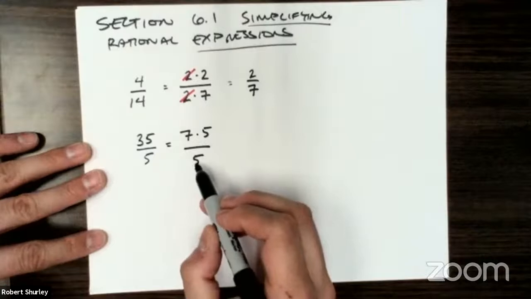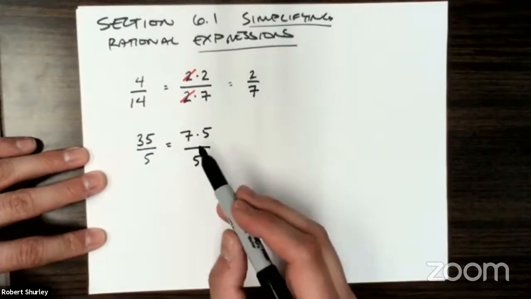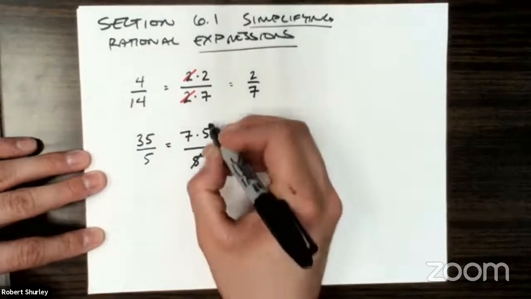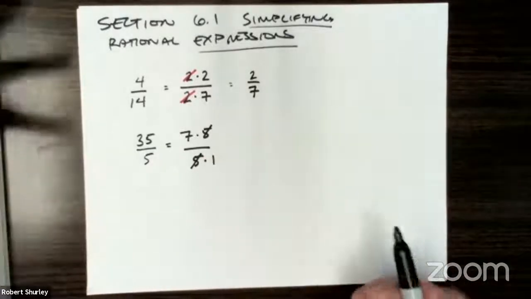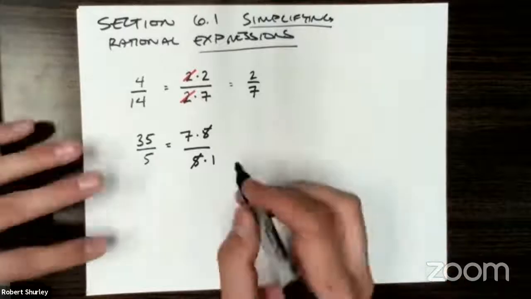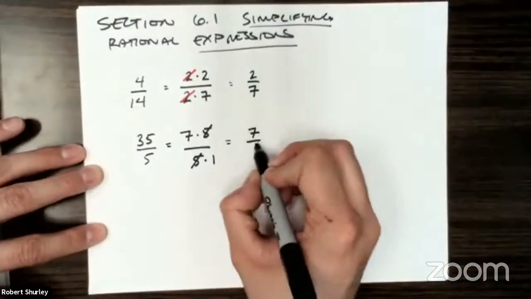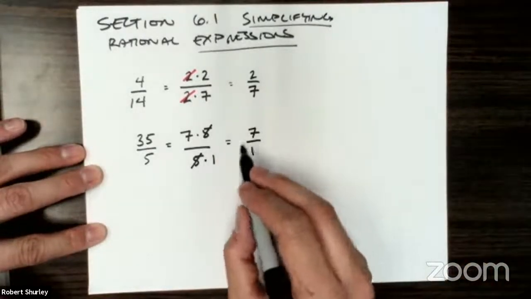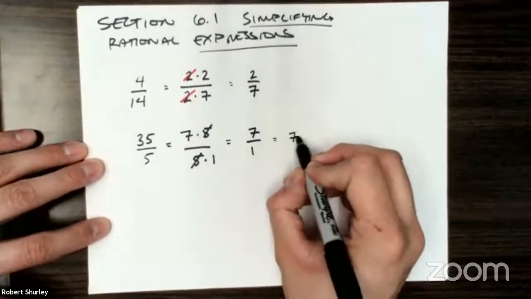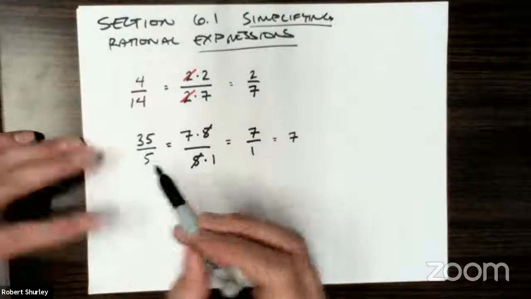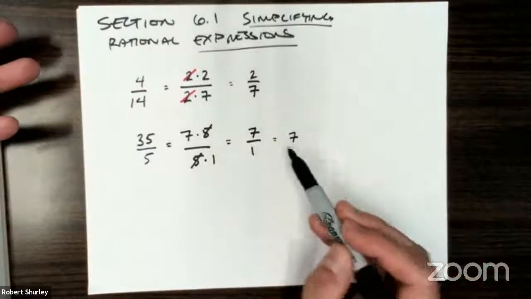Now, because 5 is the only thing in the bottom, when we cancel it, it leaves a 1. There's always a times 1 down here, because times 1 doesn't change anything. So that leaves us with 7 over 1. We never leave a 1 in the denominator. We just write it as 7. And we know 35 divided by 5 is just 7.